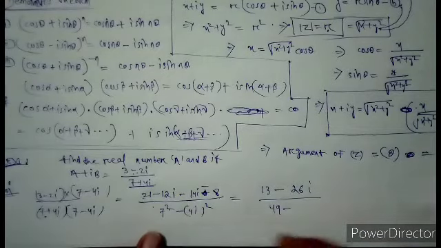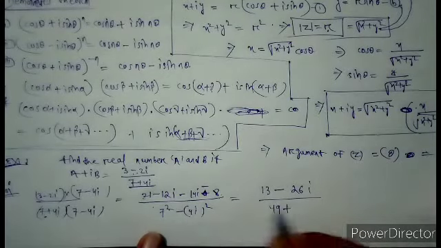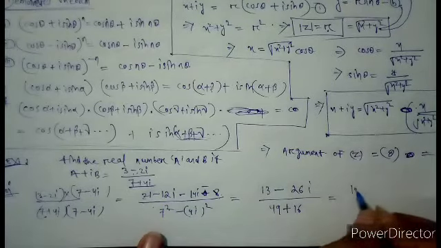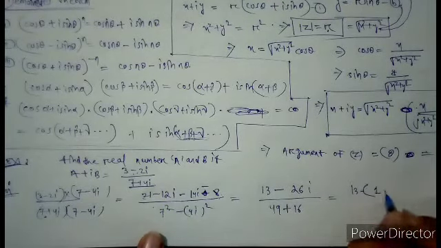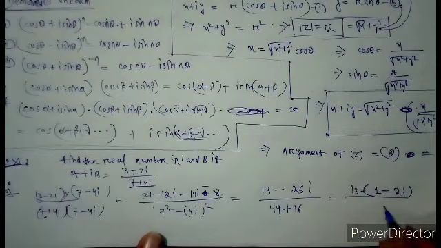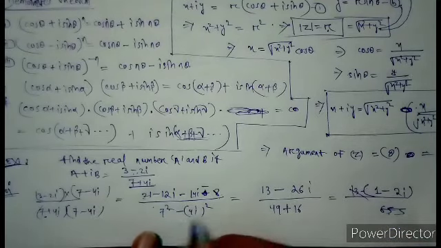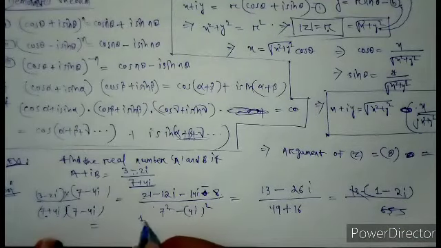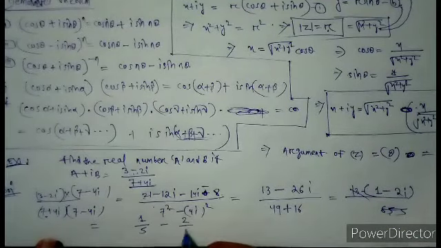We know that i square is equal to minus 1, so this is plus 16. So 13 minus 26i, then taking 13 common, we are left with 1 minus 2i upon 49 plus 16, that is 65. Then 13 and 65 cancel out, leaving only 1 upon 5 minus 2 upon 5 i.